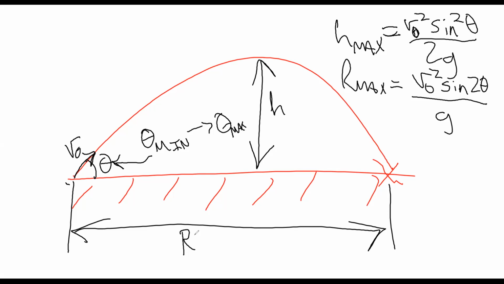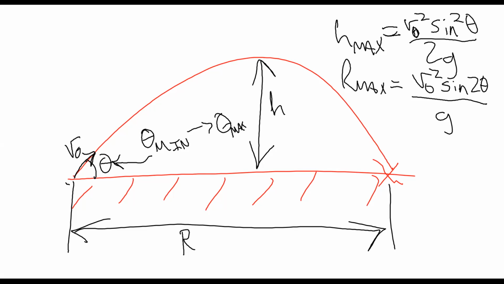So with that, I'm going to have to run these equations once for every angle and figure that out. So let's get to work. I have some initial velocity, say 20 meters per second.